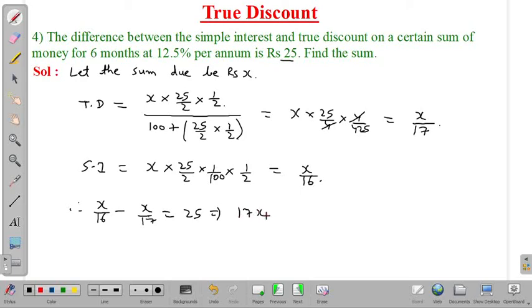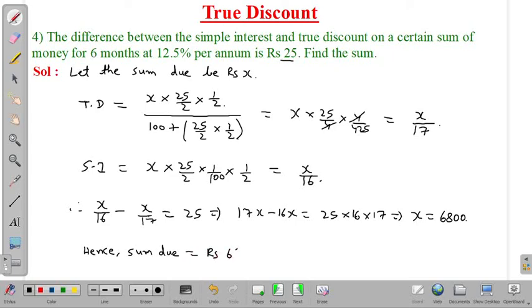So 17x minus 16x will be equal to 25 into 16 into 17. So from here we can calculate x as 6,800. Okay. Hence x is what? It is the sum due. Okay. Hence sum due equal to rupees 6,800.